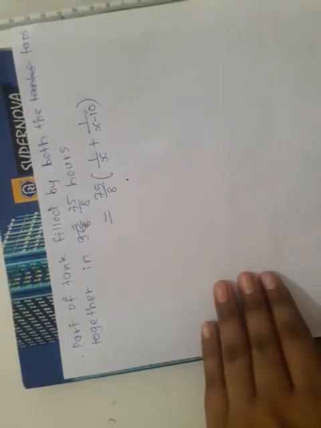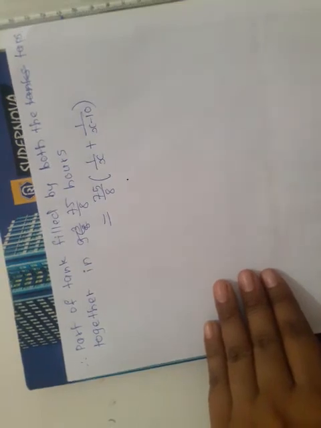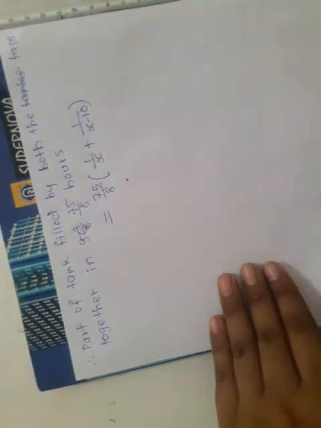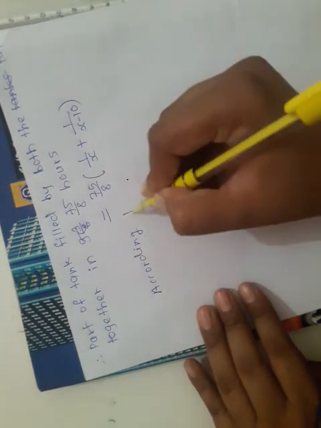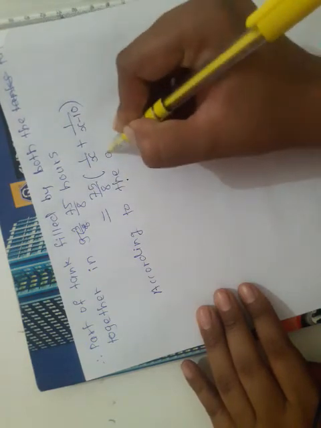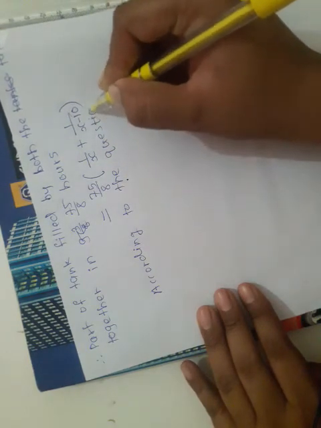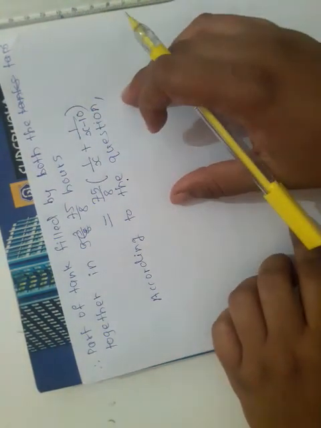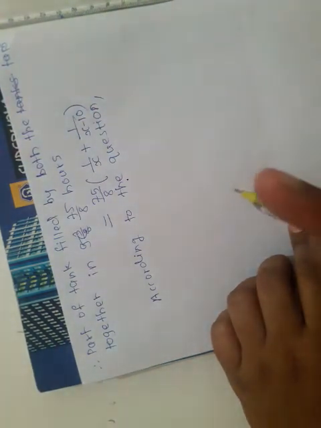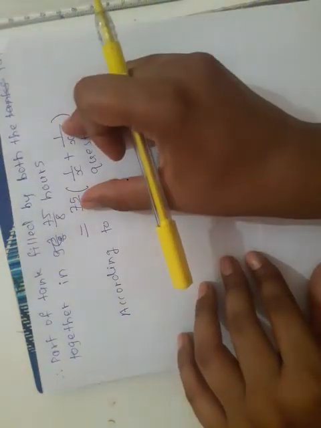So, according to the question, write down here, how can we get the equation? According to the question, both the taps fill one and only one tank. Only one tank is filled by both the taps, which means this part is nothing but one tank.